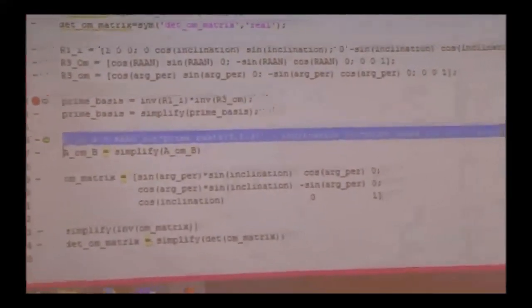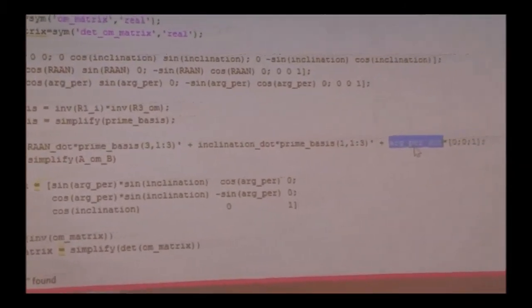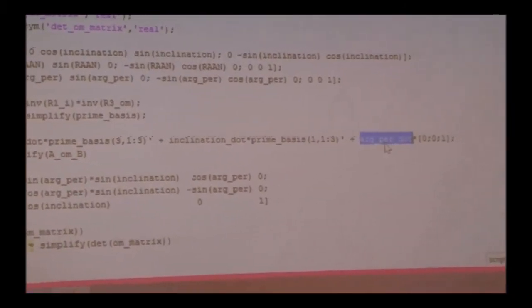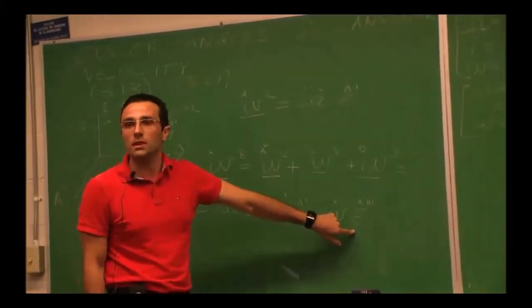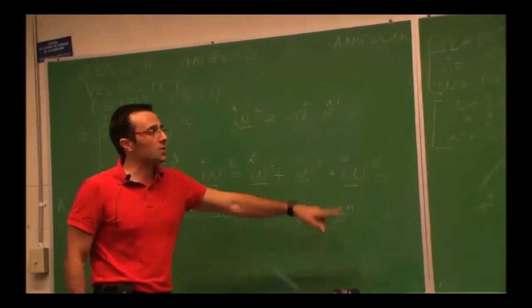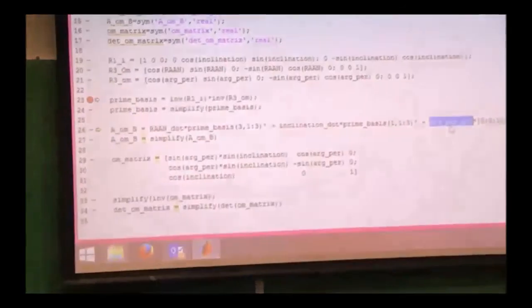So let's start from the last one, little omega dot z third. How does z third project on x third, y third, and z third? 0, 0, 1, right? That's why I have that piece for the last addendum of omega.